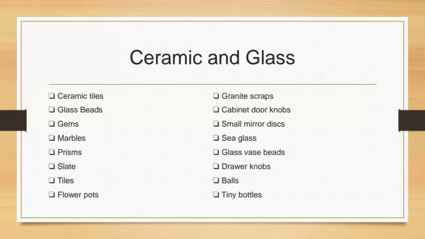And gems, marbles would be a good example. But I don't use a whole lot of that because it's hard to just have that stuff. I try to find things that people can recycle for me and send to me and that are easy for me to collect, because I try to do this without any cost to me or very low cost to me.